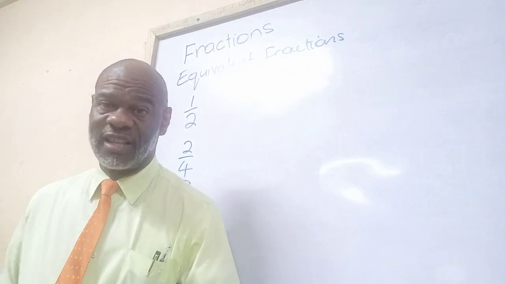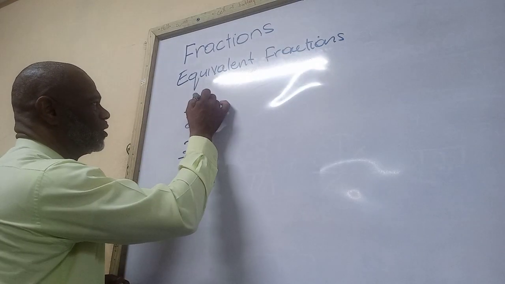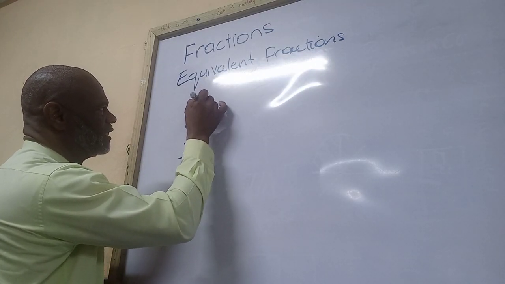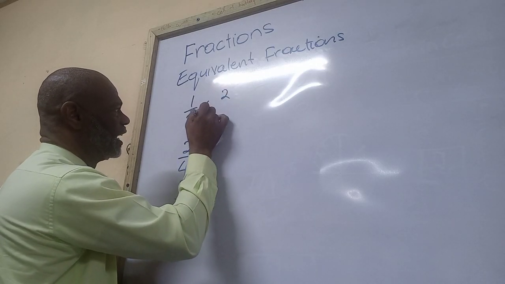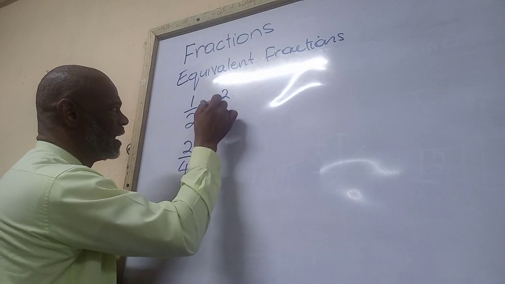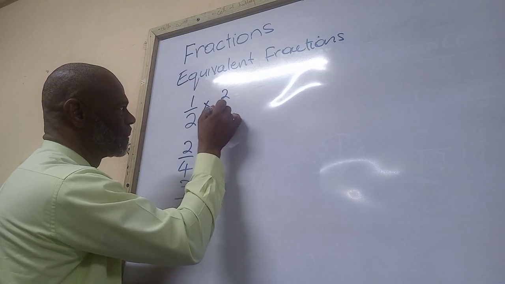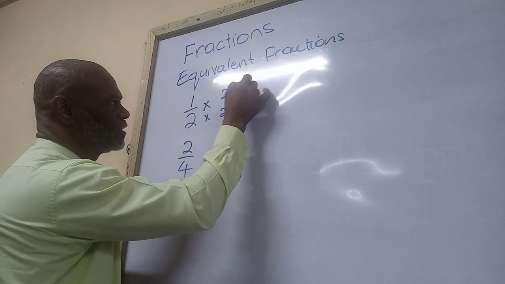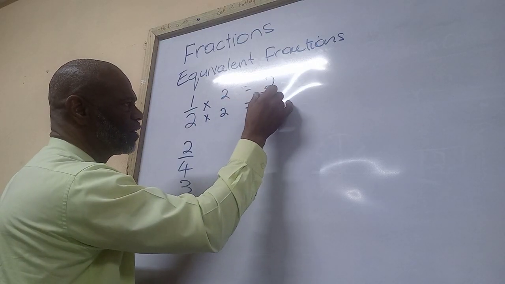The value remains the same. Good. Now let's see. So let's say if I multiply this numerator by 2 and this denominator by 2, I get what? So 2 times 1 is 2 and 2 times 2 is 4.